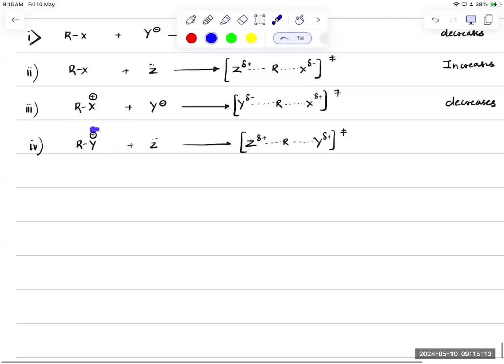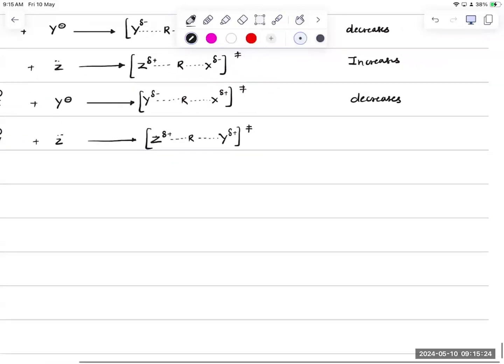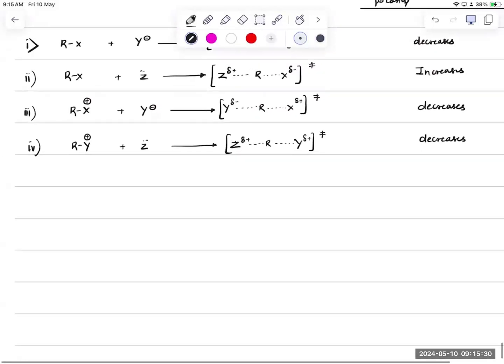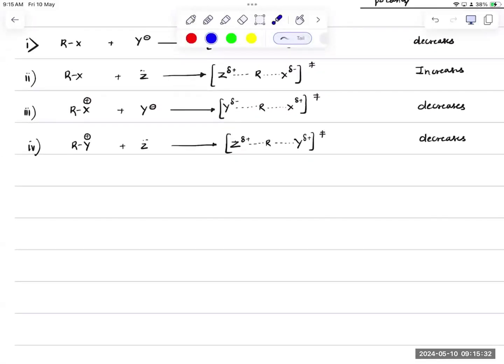So basically, it is easier to break Y plus now, because water will surround this. When water is surrounding it, the bond between R and Y will start breaking more easily. So instead of this nucleophile going and attacking here, the solvent itself will go and attack this one. Therefore, the rate due to this nucleophile decreases.